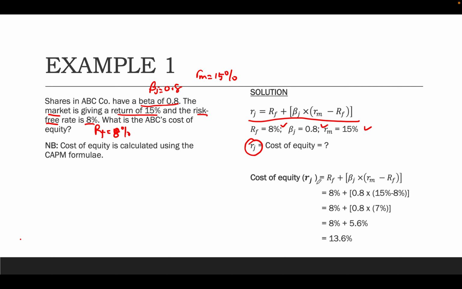RJ equals 8% plus the beta 0.8 times 15 minus 8. Calculate this one first, you get this, then you calculate this one, you get this, and then you add this, you get the answer. This is pretty simple.